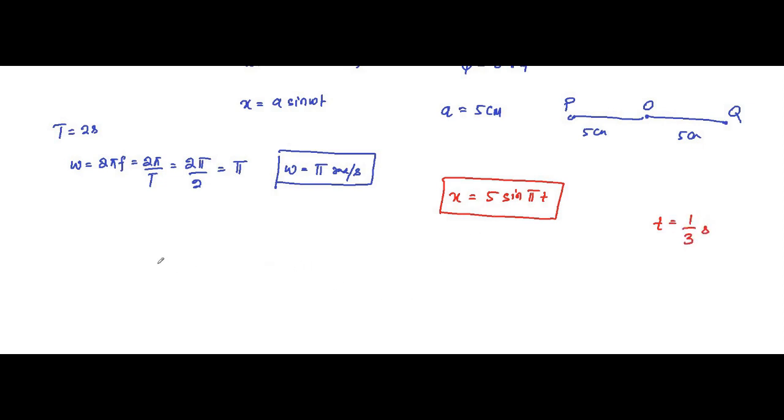So the displacement at t equals 1 by 3 seconds is equal to 5 sine pi by 3.